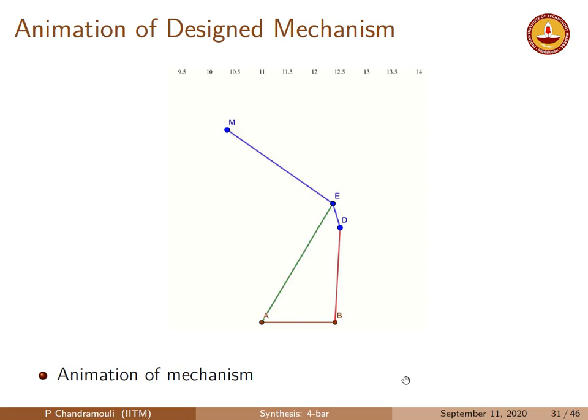In the next lecture, we are going to wind up the first part of the kinematics part of it, where we will do one more type of design with rigid body guidance, where instead of choosing the fixed pivots, we will choose the floating pivots, which means that in this particular case E and D will be chosen.